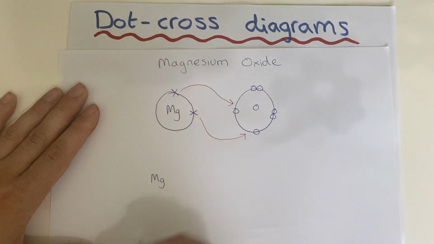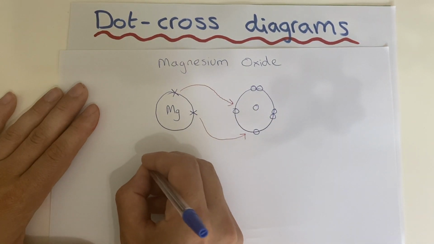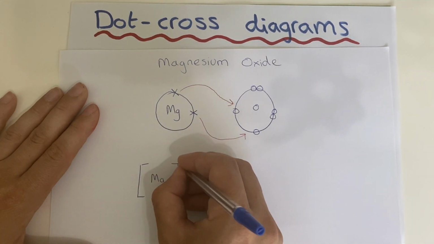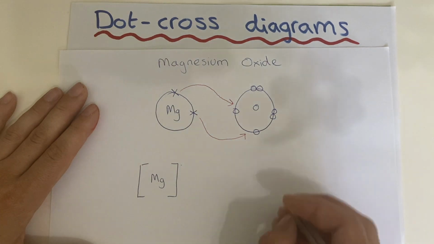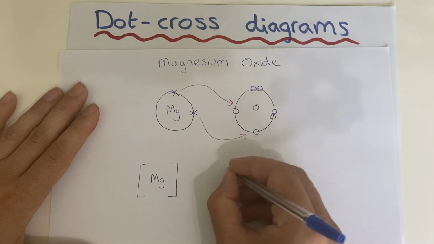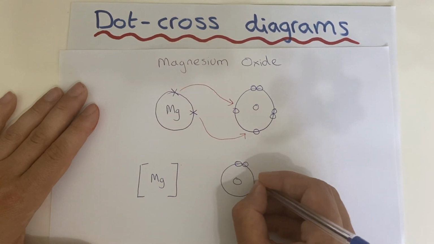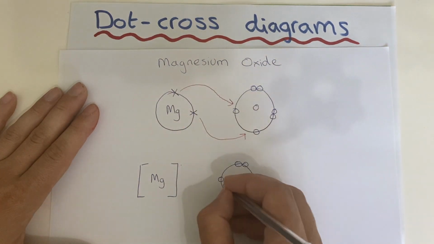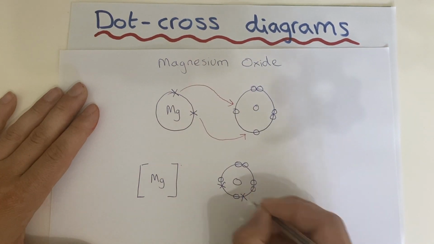So I will leave magnesium as it is, and I'll put that in square brackets, and I will write the charge there in a moment. Oxide, 1, 2, 3, 4, 5, 6, but now it's gained 2 more electrons, cross there and cross there.